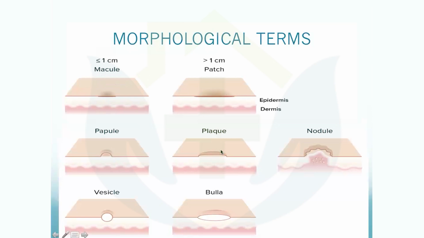A plaque is a raised lesion more than 1 centimeter, whereas a nodule is an elevated lesion which is quite indurated. A vesicle is a small fluid-filled blister less than 1 centimeter, whereas a bulla is a larger lesion measuring more than 1 centimeter. You should be familiar with these terms. When we describe skin lesions, we always use these terms, and also for your MCQ purpose.